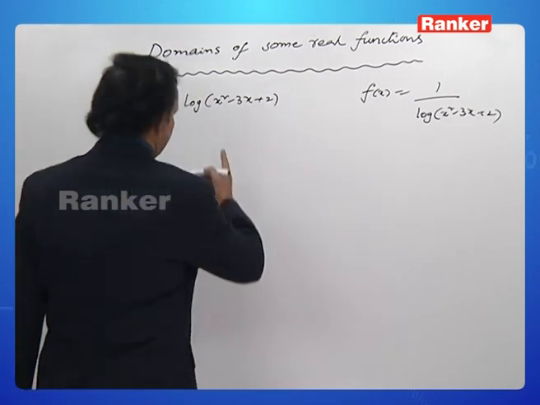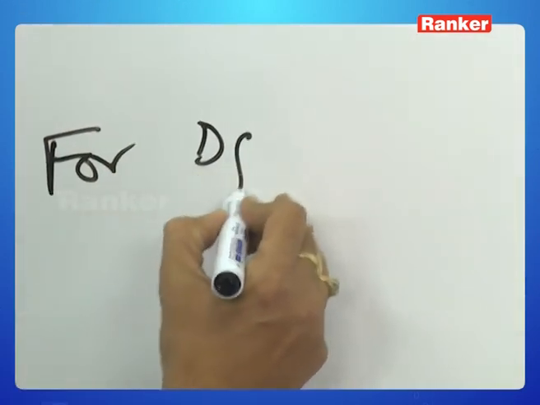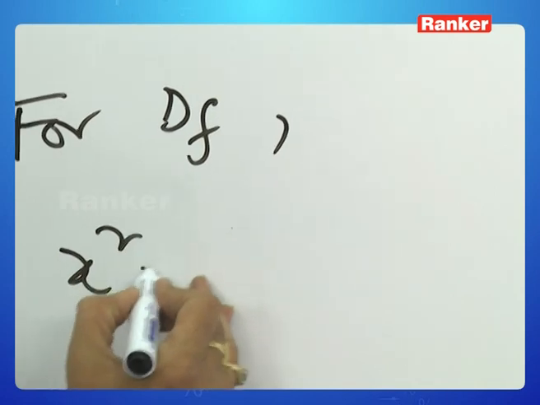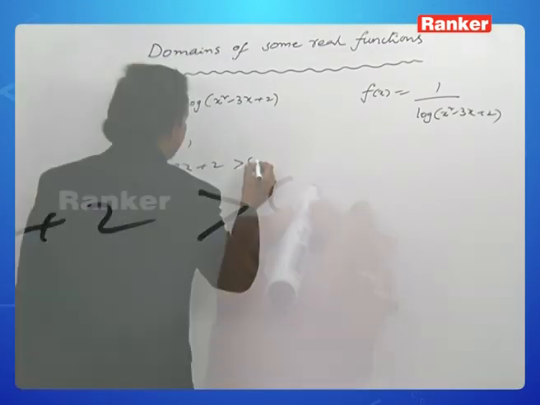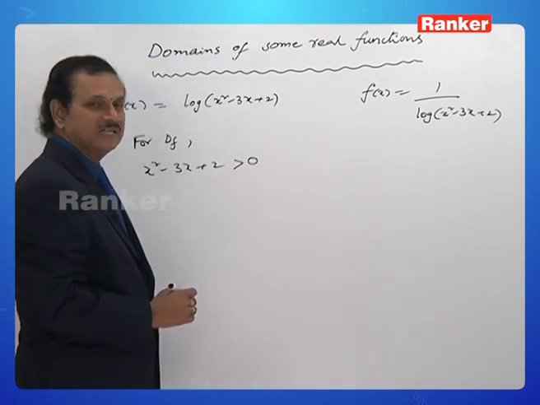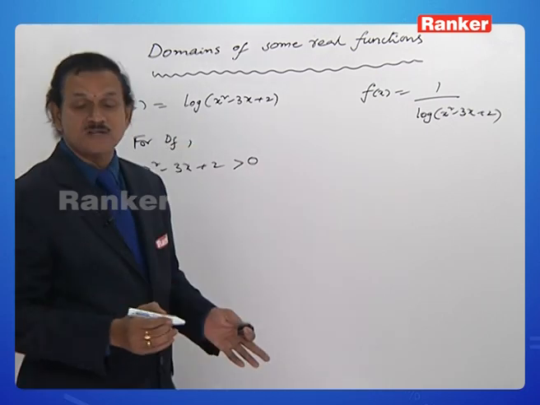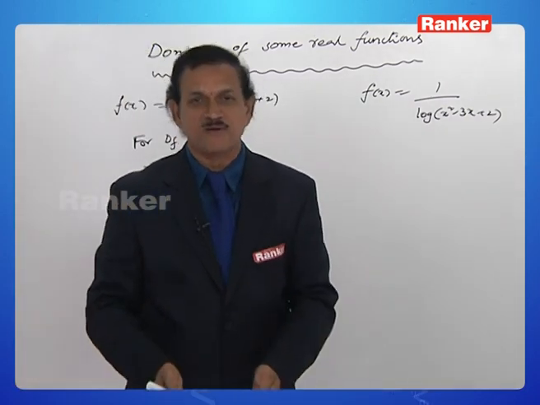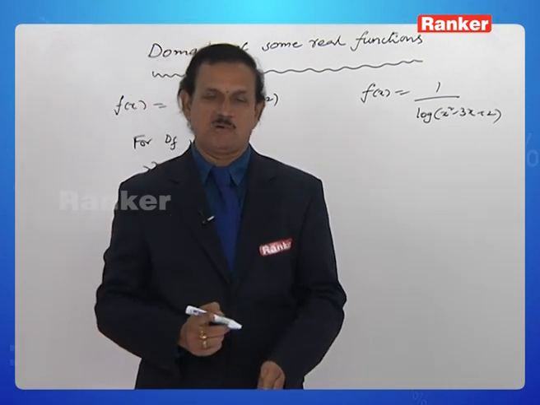Let us see. To define this, for the domain of f, what should we have? X square minus 3x plus 2 greater than 0 or greater than or equal to 0? It must be exactly positive. Why? Because the function under consideration is a logarithmic function. So, we are not supposed to allow 0 also inside the logarithm.